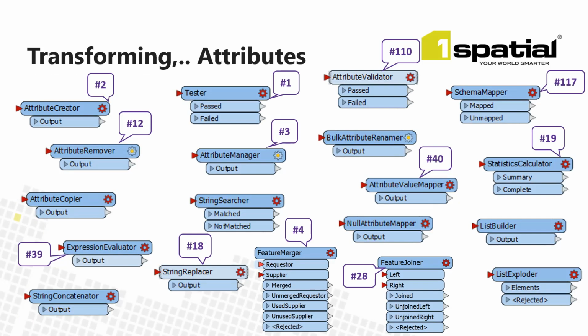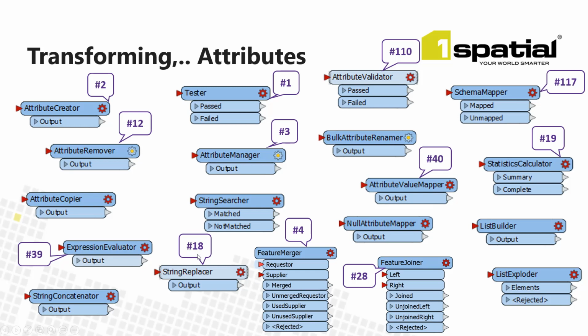Okay, so we're going to switch then to look at some examples of transforming data. So we're going to look first at transforming attributes, and by attributes I mean the data values. So I've just thrown up on screen here some of the transformers that I tend to use.